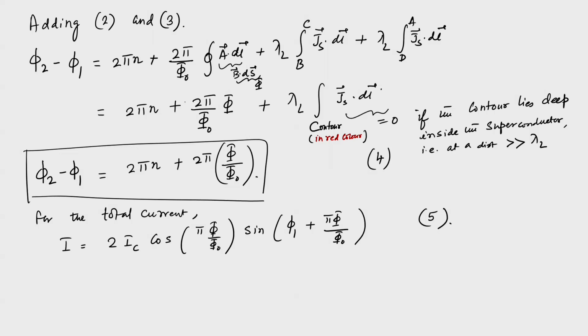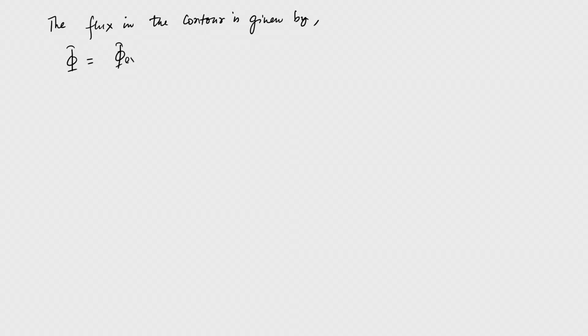And then the flux in the contour, so that is the circulating current.